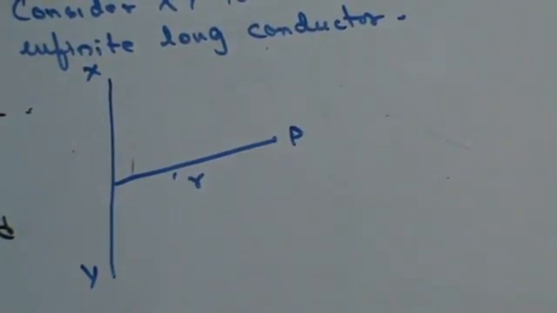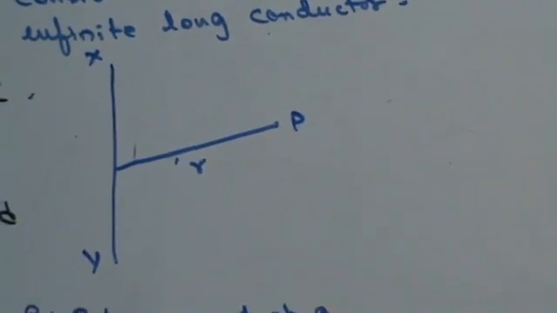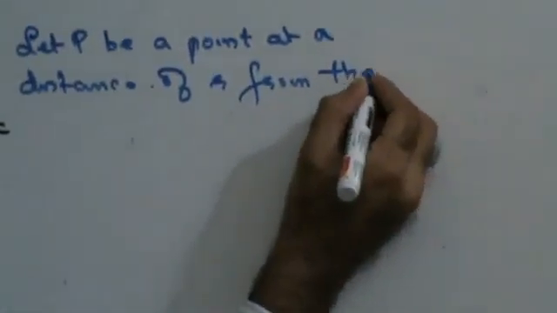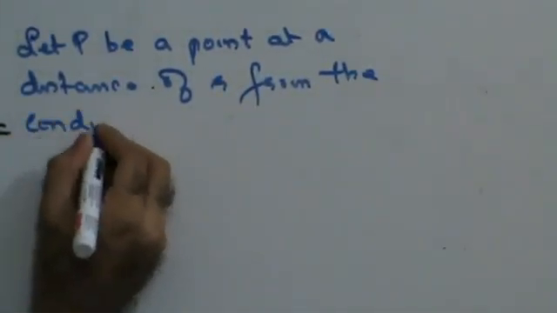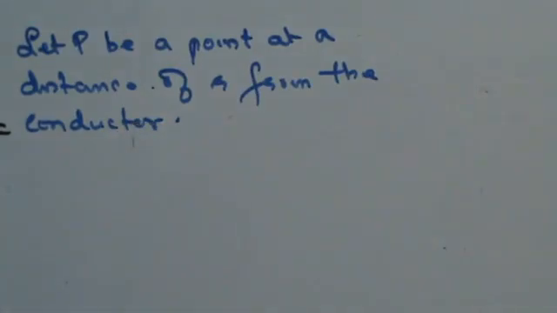So you say, let P be a point at a distance of r from the conductor. Right?